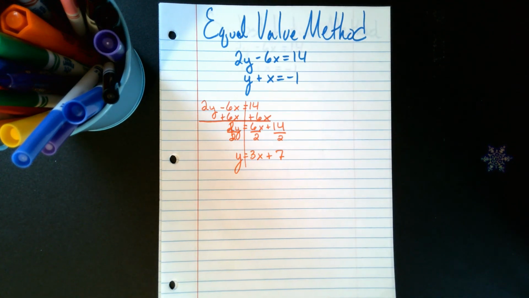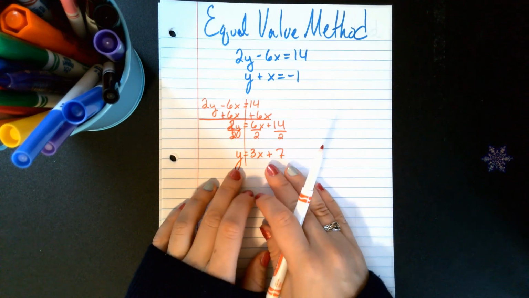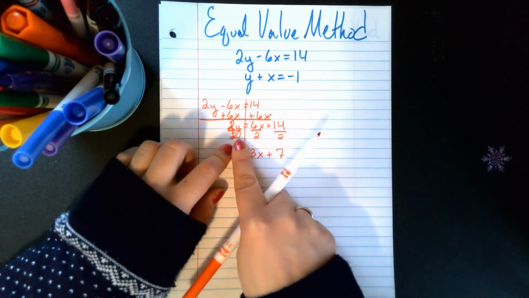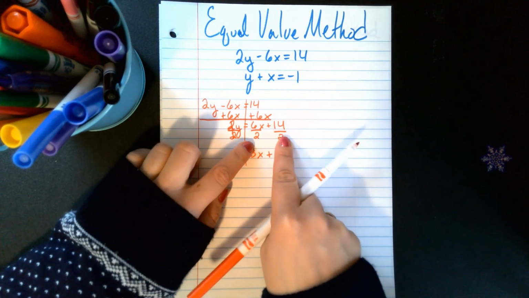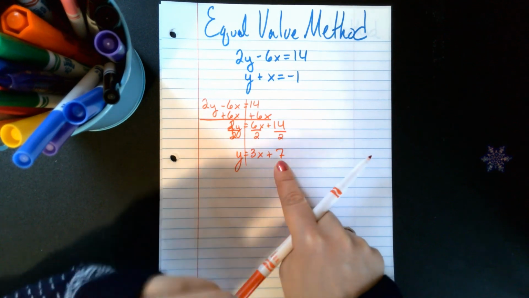Remember that if you have two y's, then you need to divide everything by 2, because I also have two sets of x's and two sets of units. So I should have a single y equals 3x plus 7.